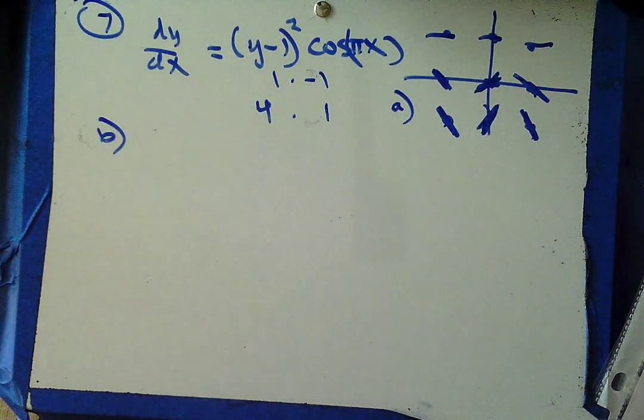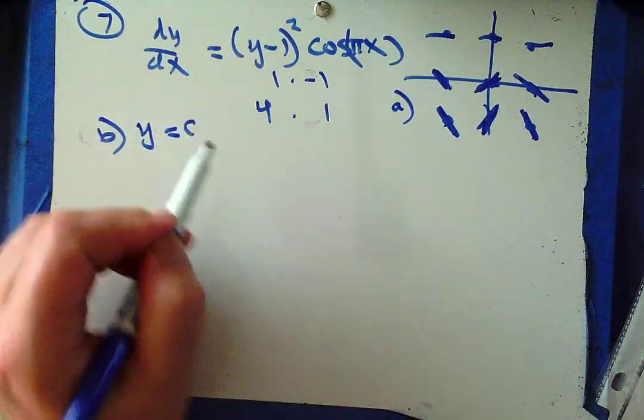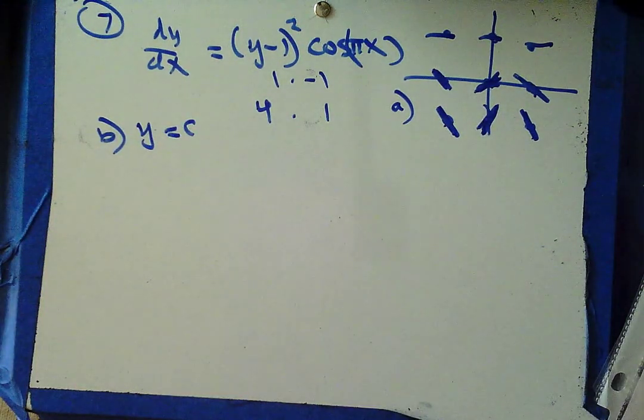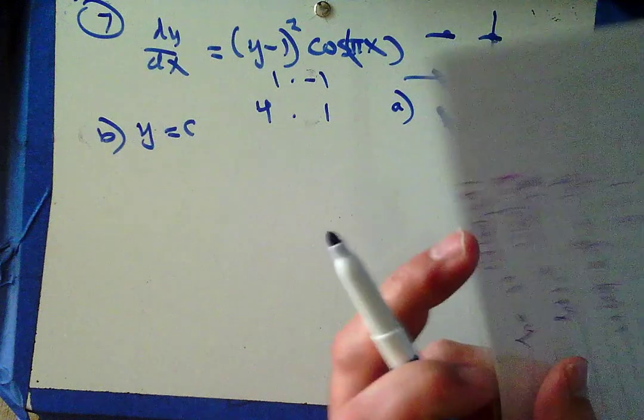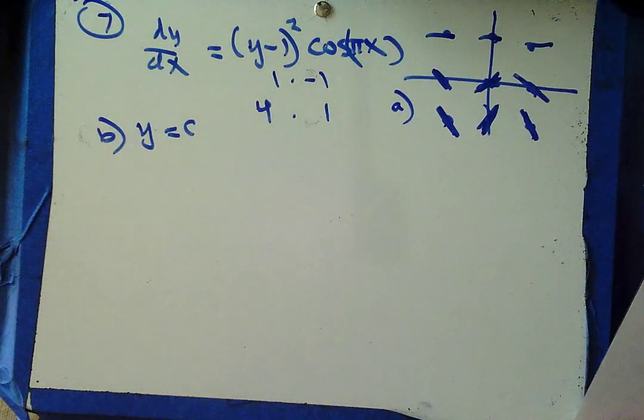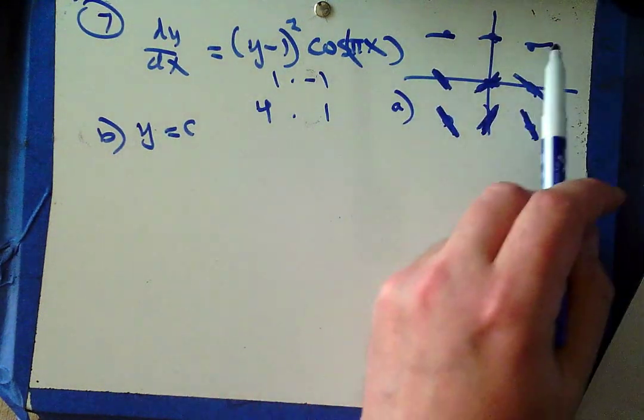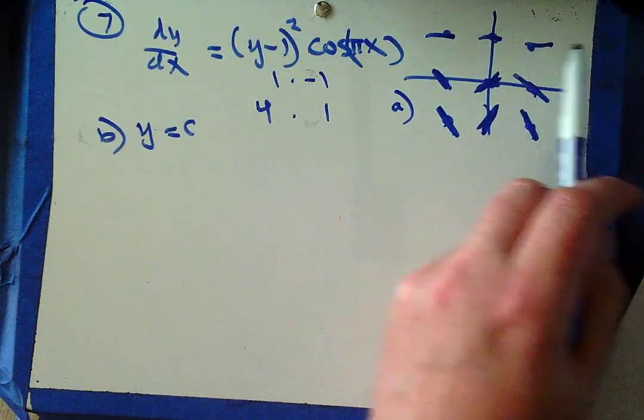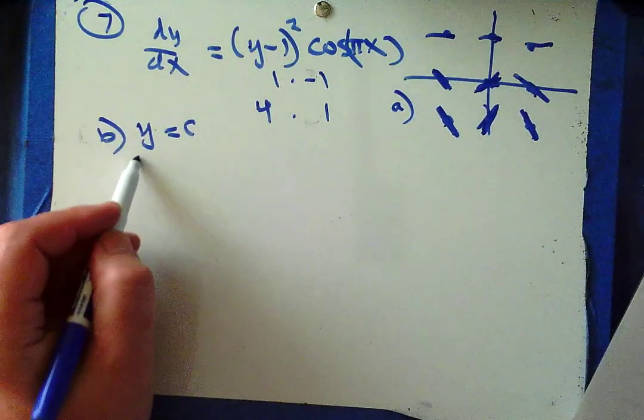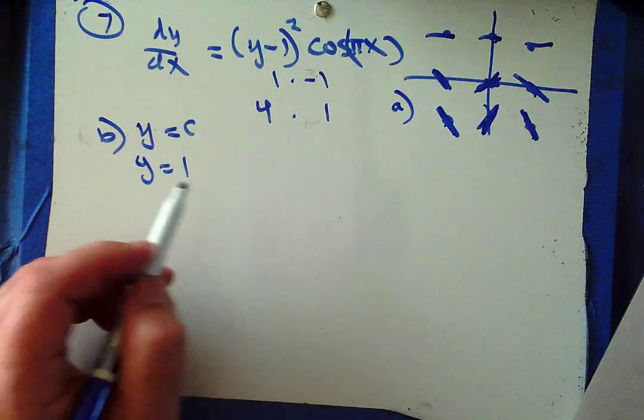Part B for number 7. Horizontal line with the equation y equals c satisfies the differential equation. Find the value of c. Well, I see that here. This is a horizontal slope. So y equals 1.